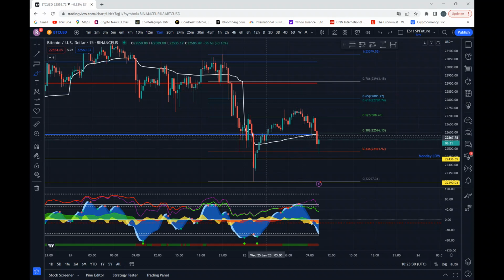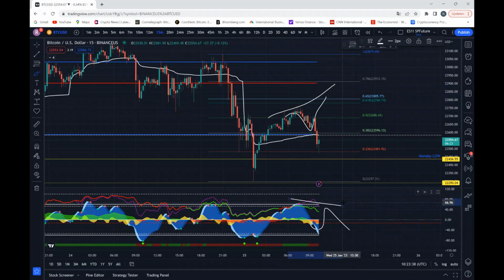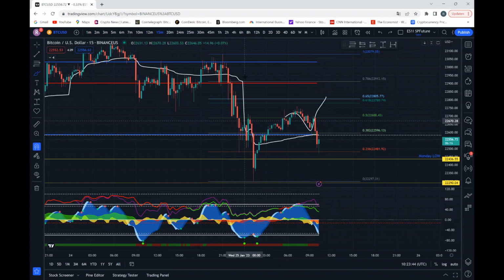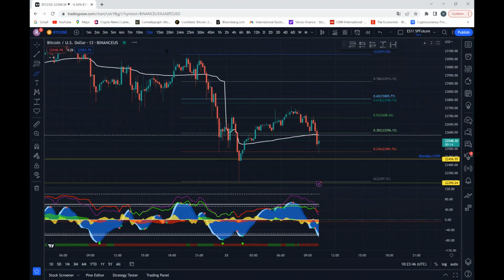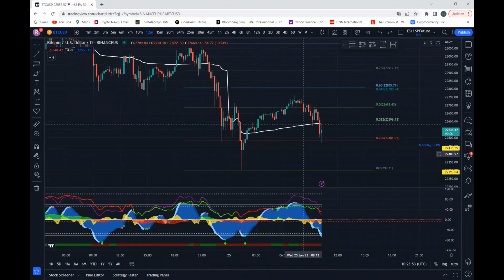So I was hoping that we would do something like this and then have a bearish divergence on the momentum wave and the price, probably on the 12 minute and down, or the 15 minute and down, and then trade the short, but so far that has not played out yet.